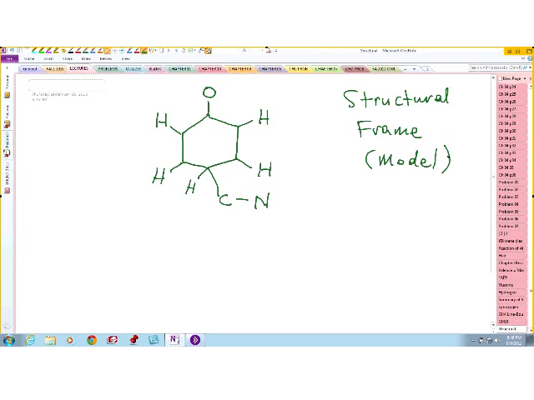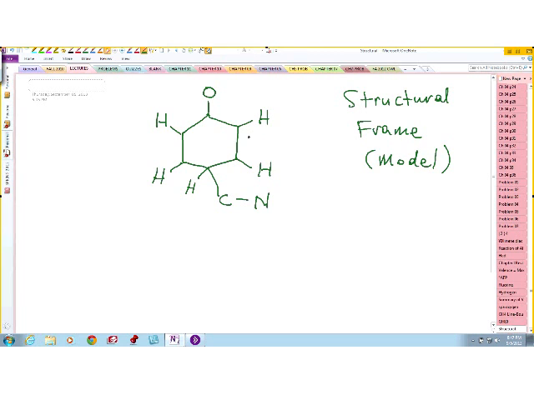Structural frame or structural model simply means that this is not the complete structure, and I want you to complete the structure. Give me the complete structure for this molecule. All of the atoms are there already.